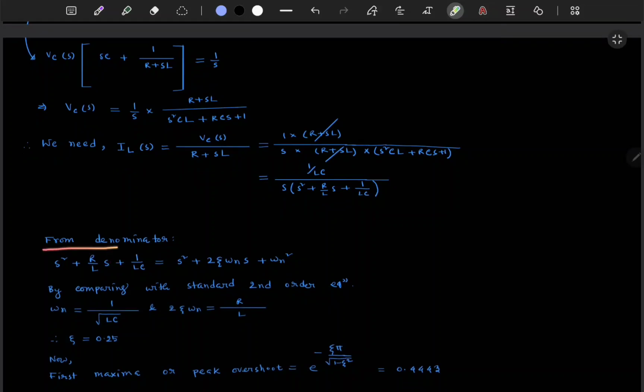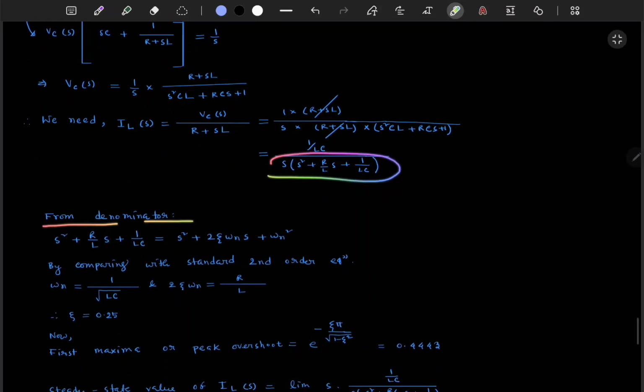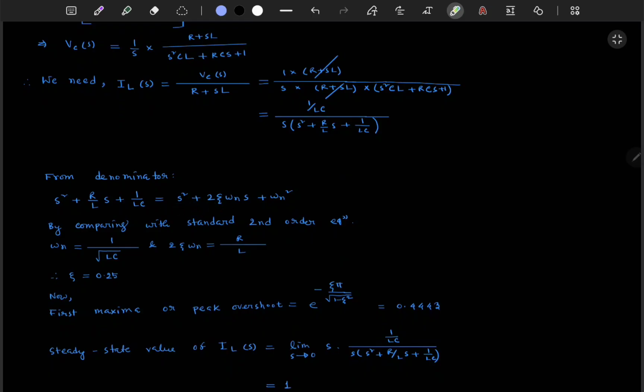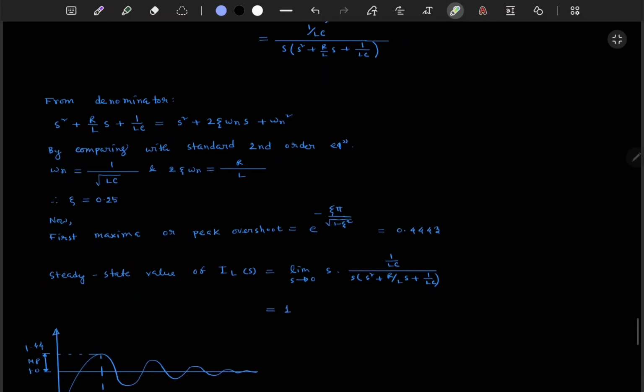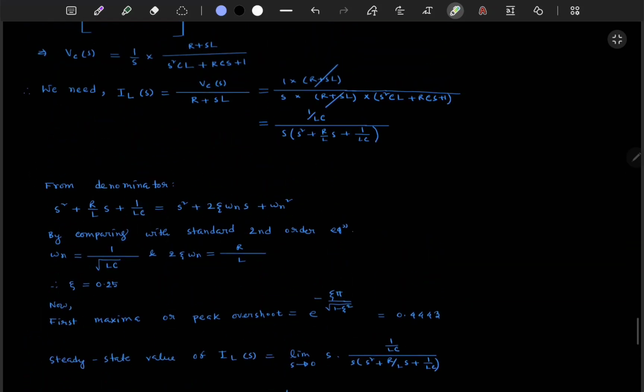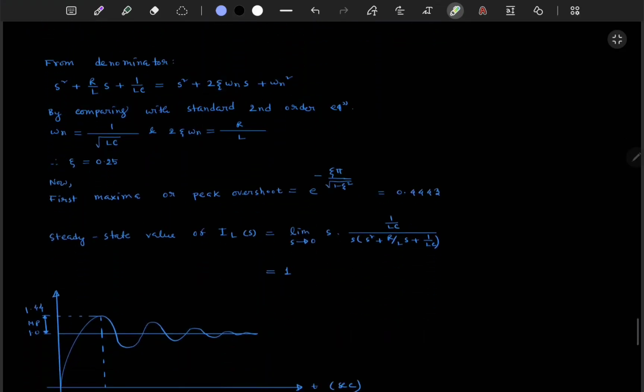From the denominator we can equate with the standard second order characteristic equation, as you read in control systems. By comparing, the natural frequency is this one and the damping ratio is this.